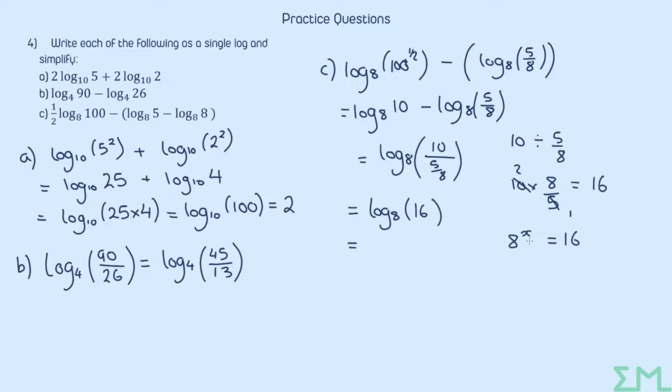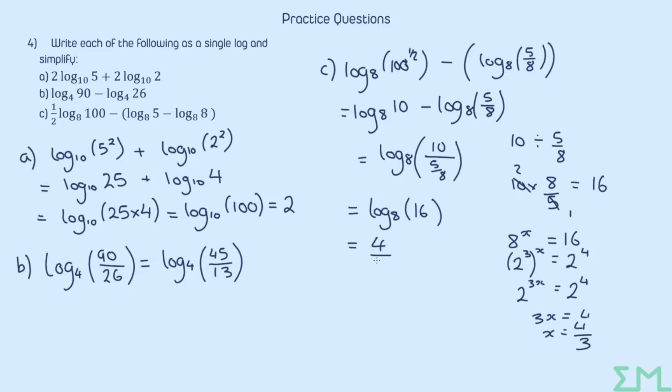So 4 comes into your mind, possibly, because it goes into both 8 and 16, but you cannot raise 4 to an integer power to get 8, so actually 2 is the base number we're going to want to use here. So 2 cubed to the x equals 2 to the 4. So we have 2 to the 3x equals 2 to the 4. So equating our indices, we get x is 4 over 3.